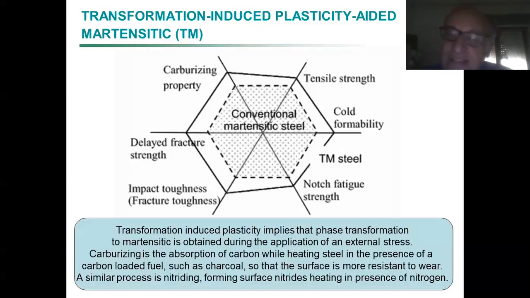Nitrogen doesn't enter the steel, but it's mainly on the surface, and it provides you with larger hardness. Carburizing is done a lot for cutting devices, and like knives, etc.